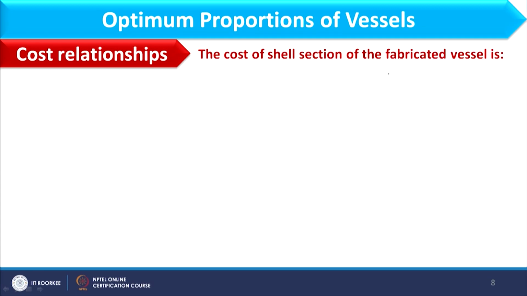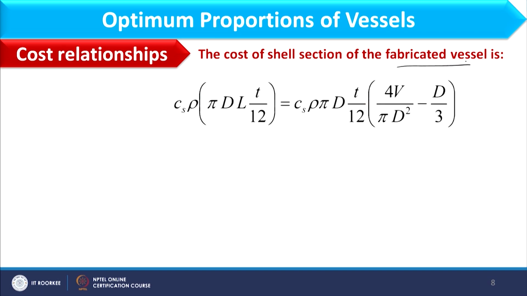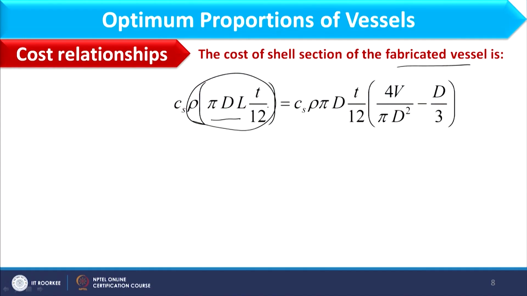So the cost of the shell section of the fabricated vessel is CS into this. Now what is this? Because CS is basically dollar per unit pound, we need to find the total weight of the material involved to prepare the shell, and that can be given as pi d L T by 12. So basically pi d is the periphery of that metal sheet, into T by 12, that would be the thickness.